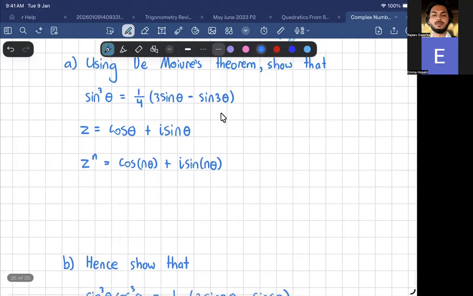So what do you want to do with this now? So you have z is equal to cos theta plus i sine theta, and you have z to the power n is equal to cos n theta plus i sine n theta. Well, you want to get it in the form a sine first. So you'll have z to the n minus 1 over z to the n.